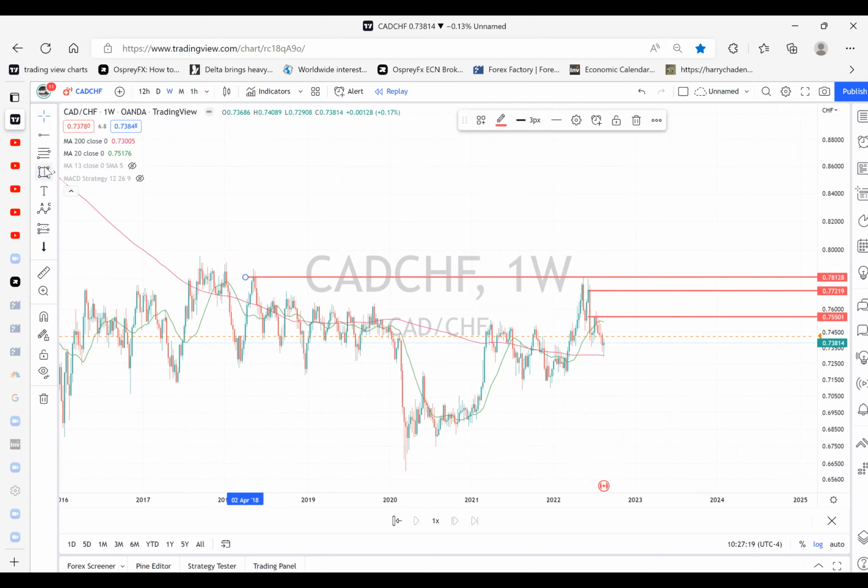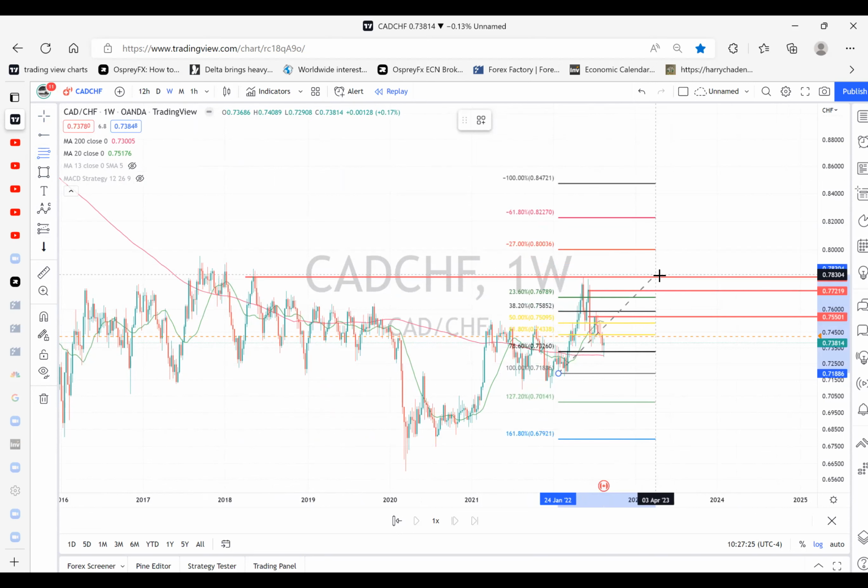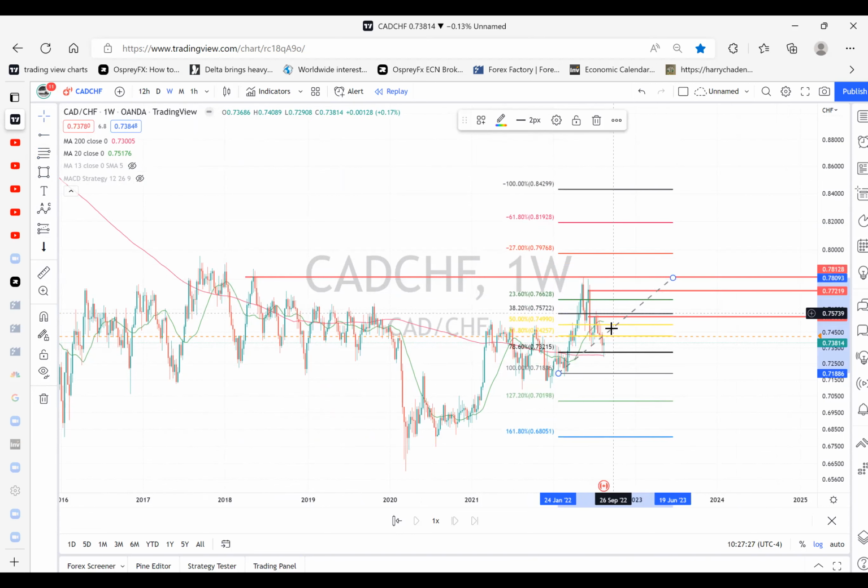Now there is a line of thought out there for Fibonacci users that says when you get a pullback at least to the golden zone, you can expect the price to push up to the -27 extension, right? I'm going to put a mark up here because I subscribe to that.